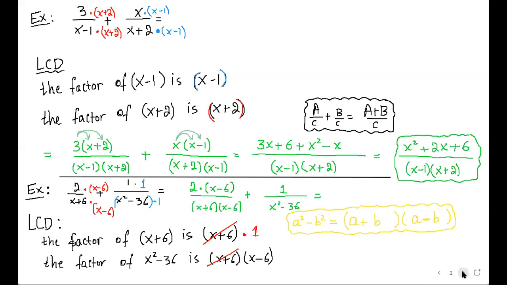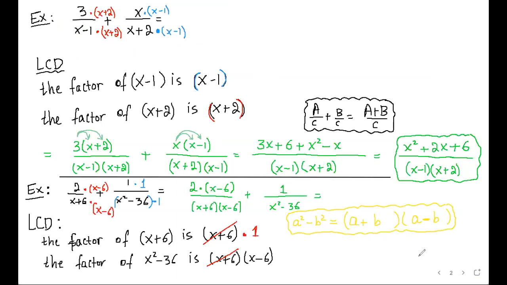So I have here 2 times x minus 6 over x plus 6, x minus 6, plus, here we have x squared minus 36.